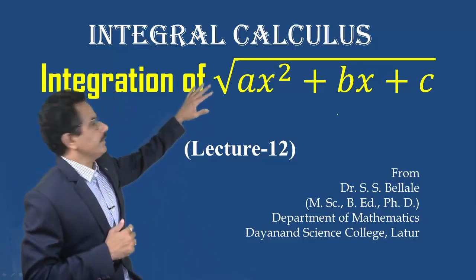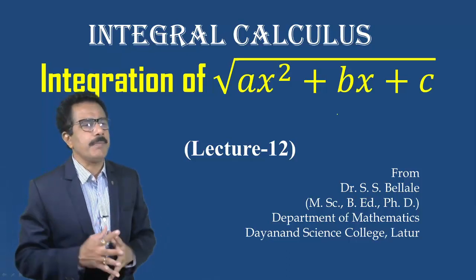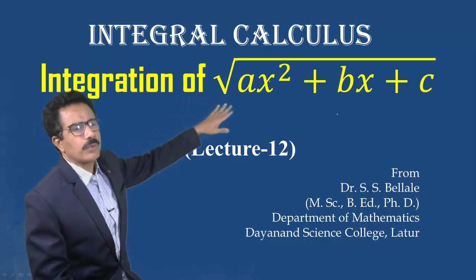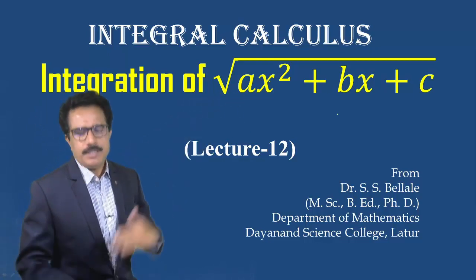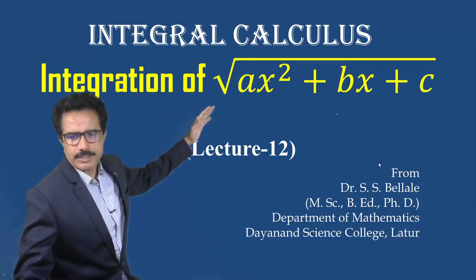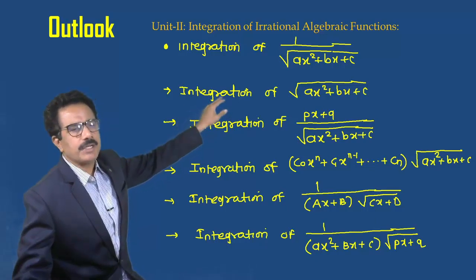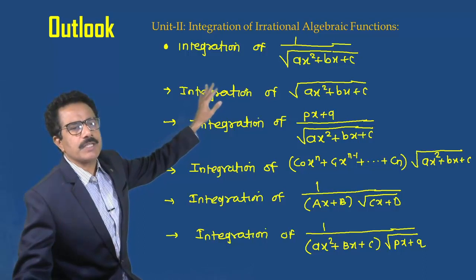Now see, in this live lecture we shall discuss the next type of integral, that is the integration of root of ax square plus bx plus c. Actually, in the last lecture we have seen the integration of the function 1 upon root of ax square plus bx plus c.